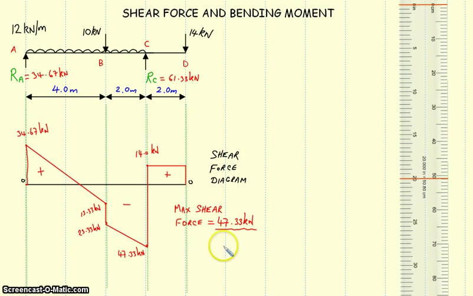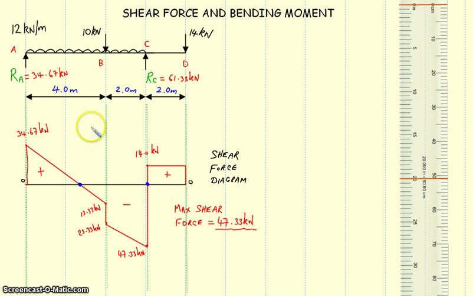Okay, now there's just one last point that I want to make before we finish up with our shear force diagram, and that is here, which I'm highlighting with a blue dot, and here are 2 points of zero shear as we move across that shear force diagram.